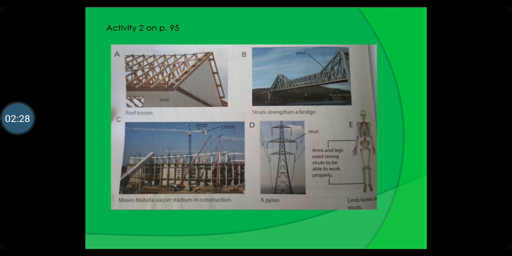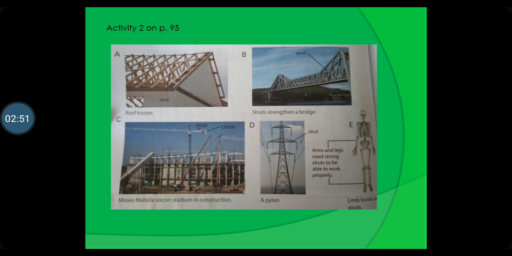Struts can be joined into triangular shapes to make a strong, stable frame, such as roof trusses, bridges, cranes, pylons, and skeletons. Limbs and bones are also struts. Struts are joined into triangular shapes. In the photograph below, show how different structures are strengthened when struts are joined together in triangular shapes.